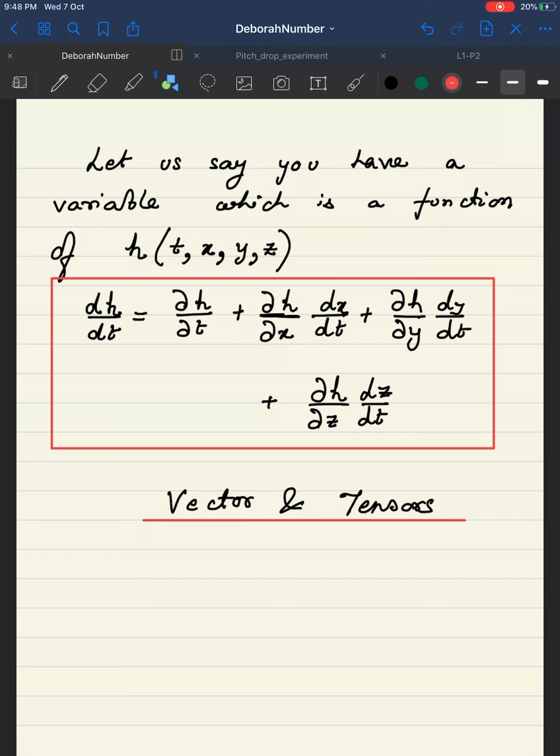Now, for a lot of you, some of you at least, your recollection of what is a vector may be something like this, where vectors are arrows.